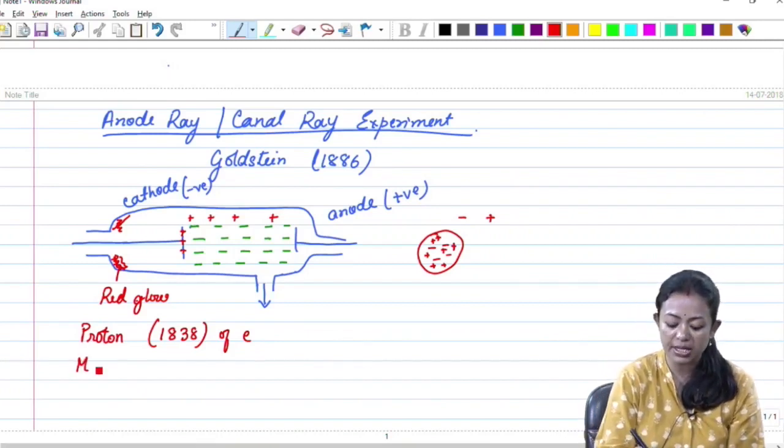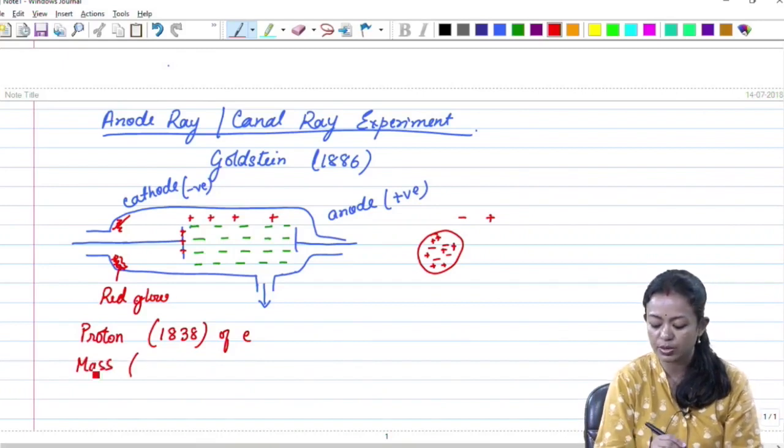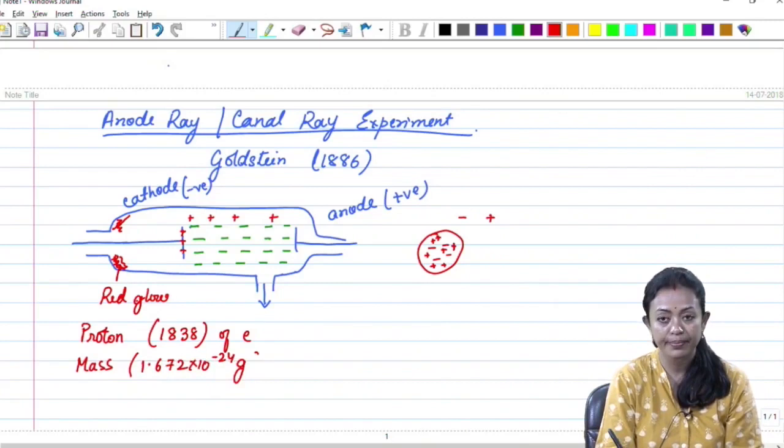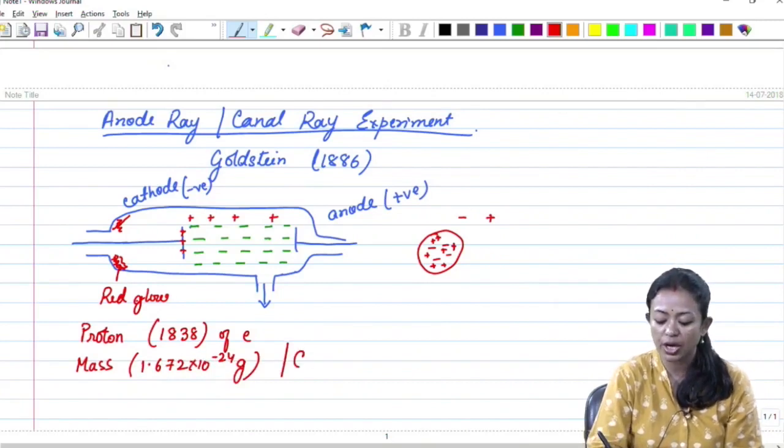Next, the mass of the proton was found, and he found that the mass of a proton is 1.672 into 10 to the power minus 24 gram, and the charge that a proton carries is equal to plus 1.602 into 10 to the power minus 19 coulomb.